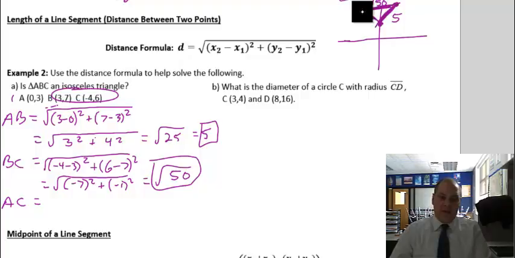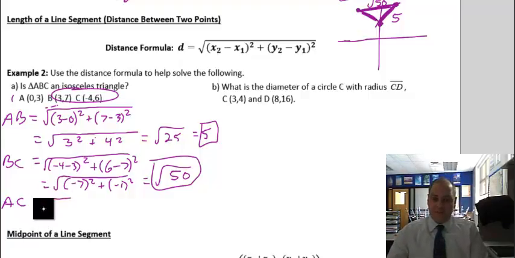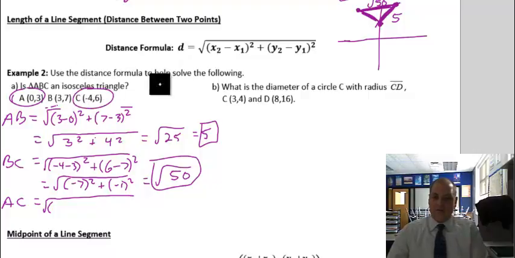So this piece here, AC, has to be either 5 or radical 50. If it is, it's going to be isosceles. If not, it won't be. So AC is going to use A and C. We subtract the x's, negative 4 minus 0, squared, and then 6 minus 3, squared.